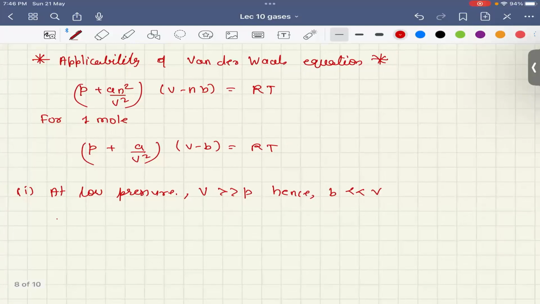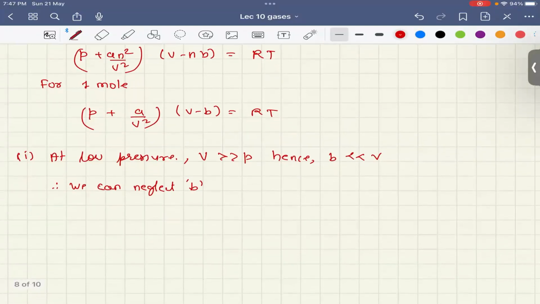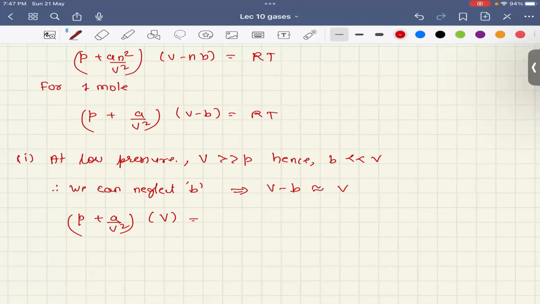Hence, we can neglect b, right? This expression changes to (P plus a by V square) into V, where V minus b is approximately V, which is nothing but RT, right?